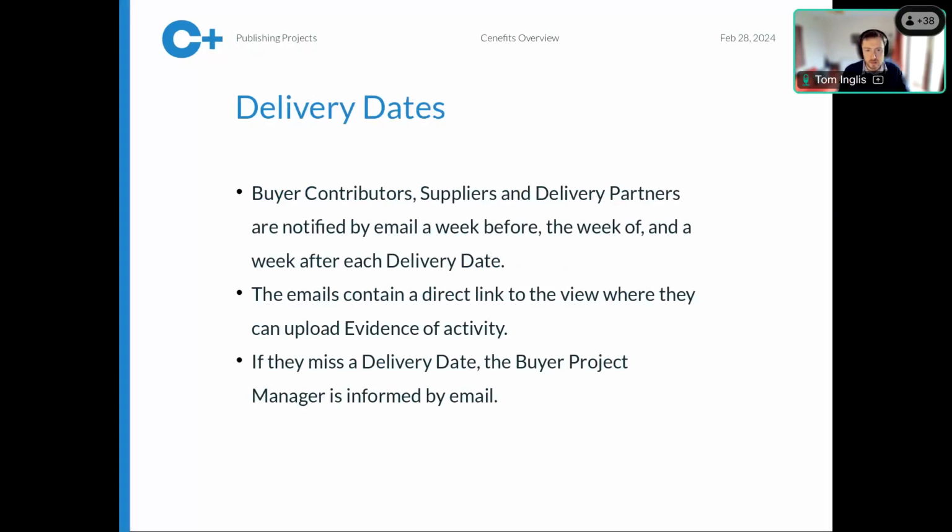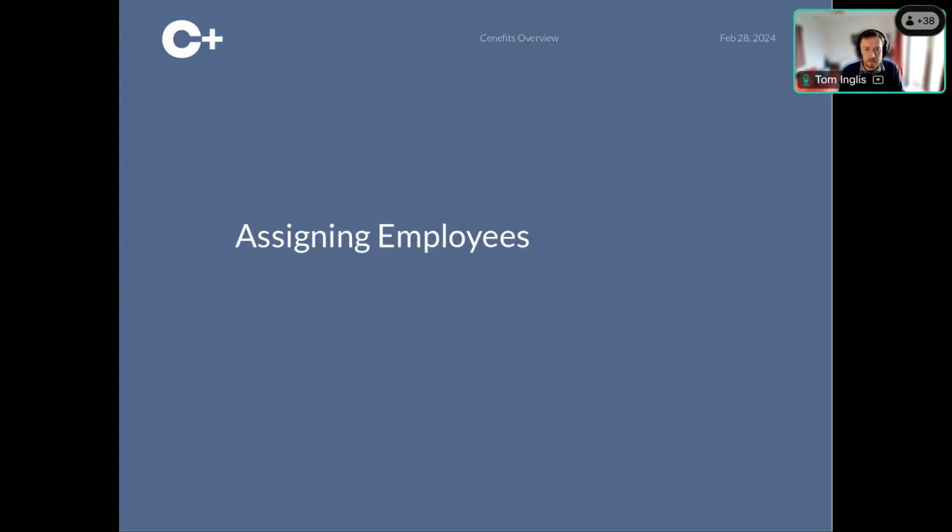The week before, the week of, and the week after a delivery date for a benefit, there's an email digest on the Tuesday which contains links to the benefits that are due to be looked at. And if a delivery date doesn't have evidence submitted to it by the end of the period, then the project manager from the buyer organization gets an email to let them know.